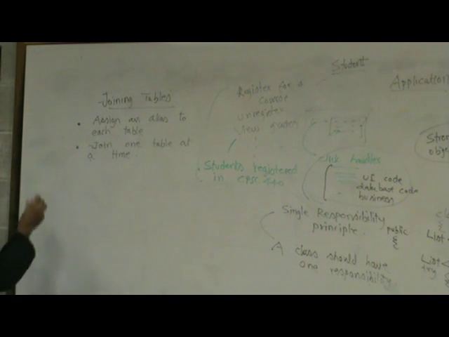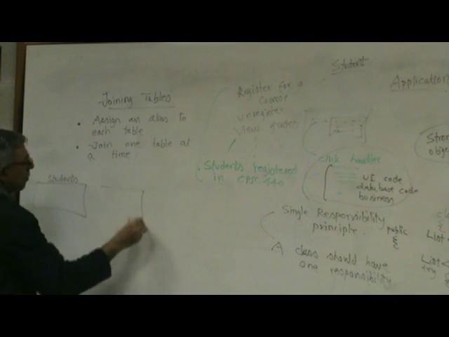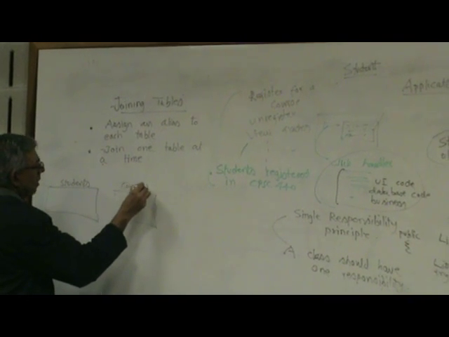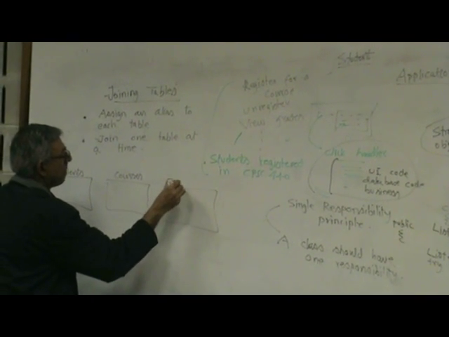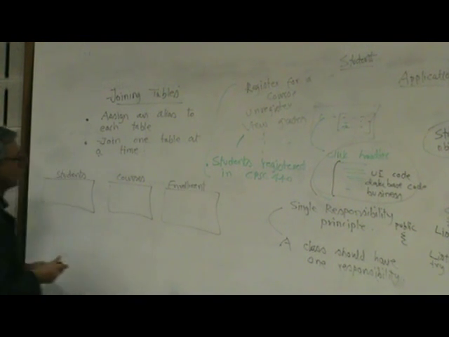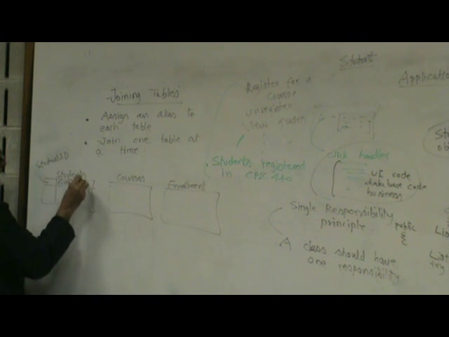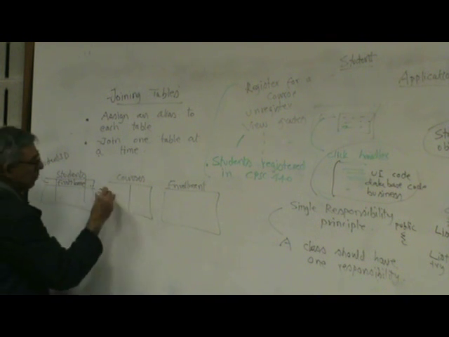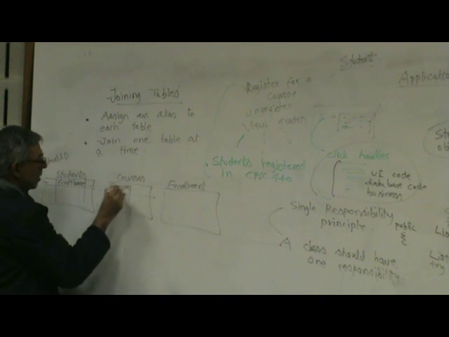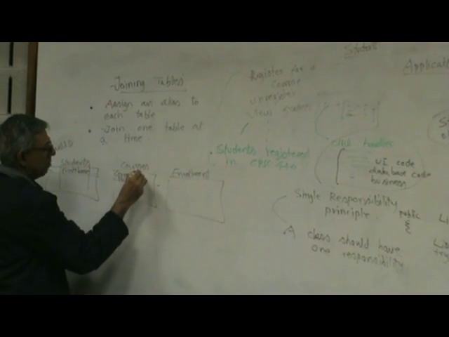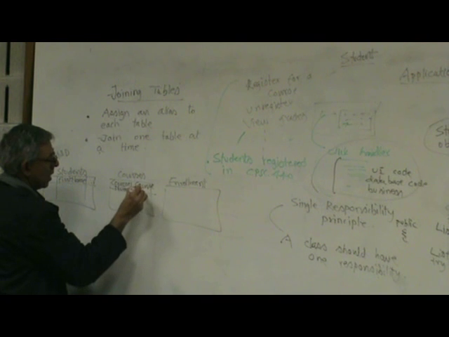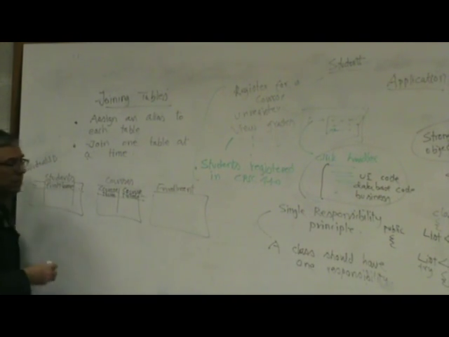So in this case, let's pretend in our database we have a students table, we have a courses table, and we have an enrollment table. Student, let's pretend, has columns like student ID, first name, last name, and so on. Courses, let's pretend we have course num, and course name, and credit hours, and so on, right?